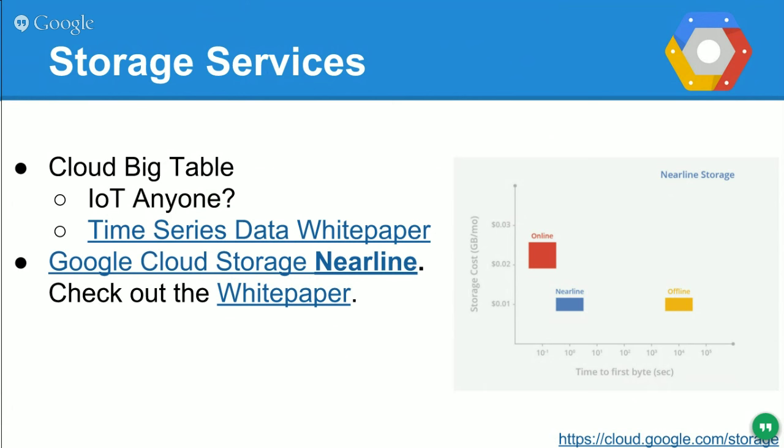So it gives you speeds that are fairly good compared to the online offering at a much lesser cost. If you're storing large amounts of data with infrequent access, but you don't mind a little bit of lag, then you could significantly save costs with the Nearline storage approach.